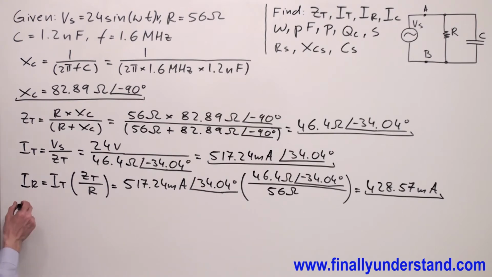If you want to find the current which will go through the capacitor, you're supposed to write IC is equal to, again, I'm going to use current division law, or the formula for the current divider.